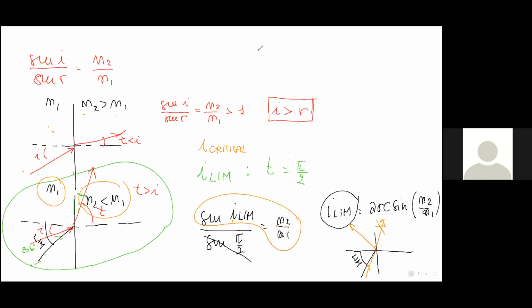Okay? So, if theta is larger than this limit angle, or we call it also critical angle, or also total internal reflection angle, then you get total internal reflection.